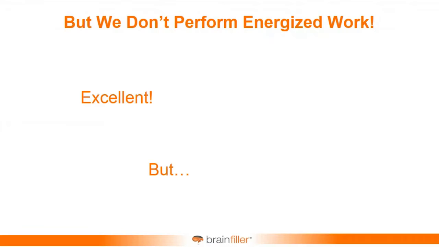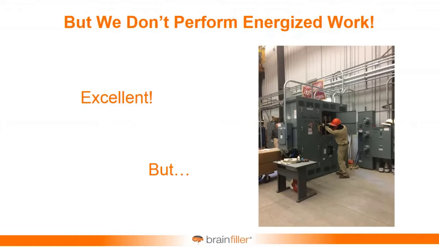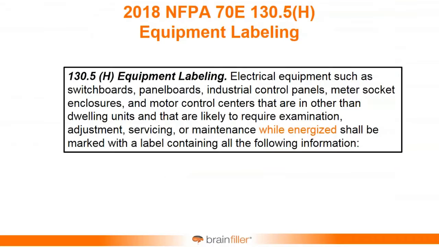But the problem is, establishing what 70E refers to as an electrically safe work condition is in itself energized work, because one of the steps is you have to verify absence of voltage, which means you're potentially exposing yourself to a hazard if it's there. So in exposing yourself to a possible hazard, you need to know the proper PPE to wear.